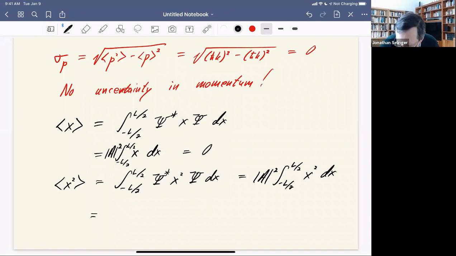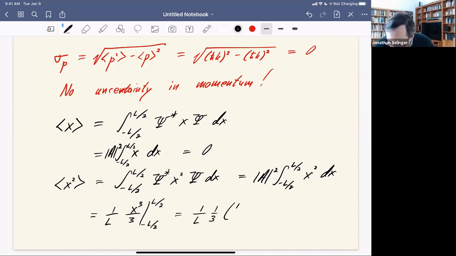So let's see, the a squared makes a factor of 1 over L. And then we have x cubed over 3 evaluated from minus L over 2 to L over 2. So it's 1 over L, and then there's a 1/3 L over 2 cubed minus the negative of that, so times 2. Okay, so this is what? It's L squared over 12.